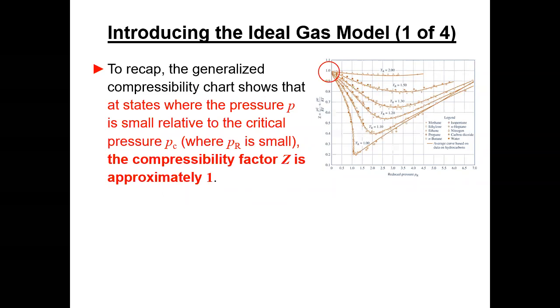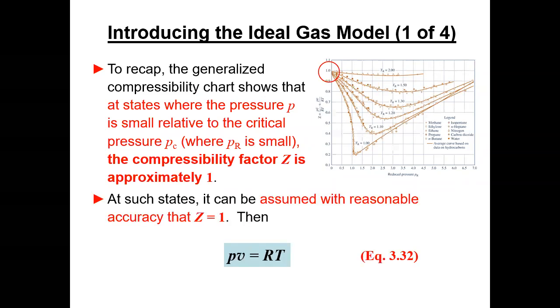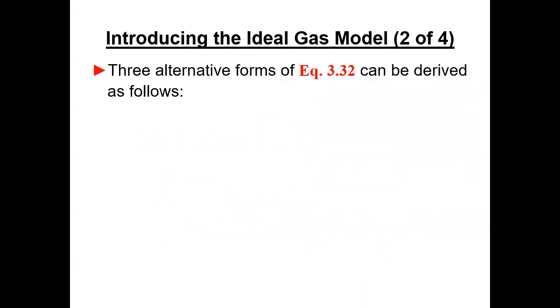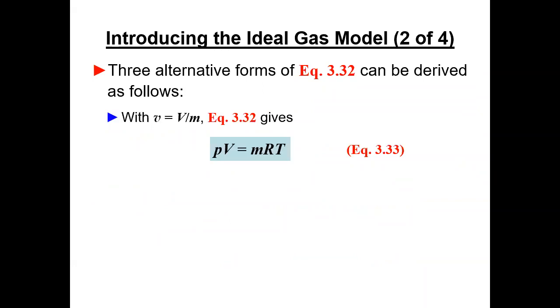At such states, it can be assumed with reasonable accuracy that Z equals 1, and then PV equals RT, like you're used to. Three alternative forms of equation 233 can be derived as follows.